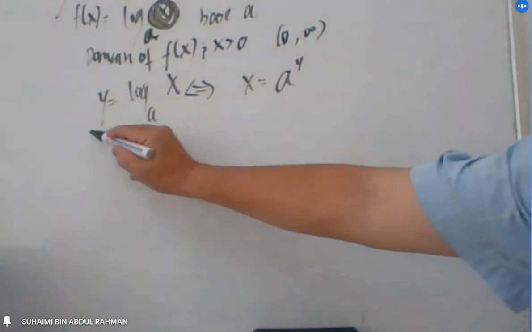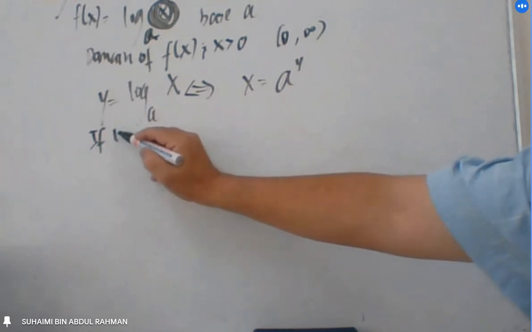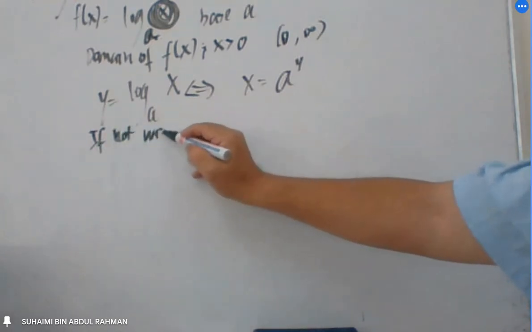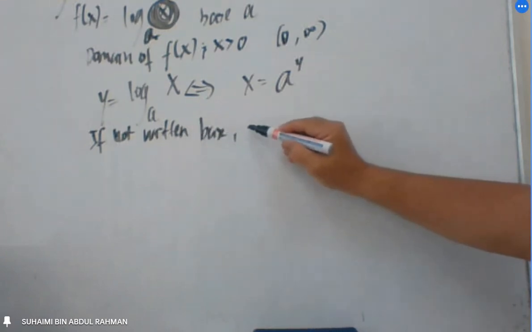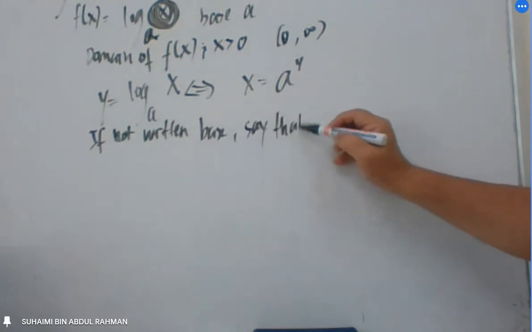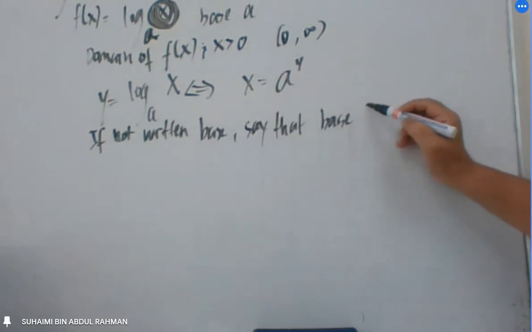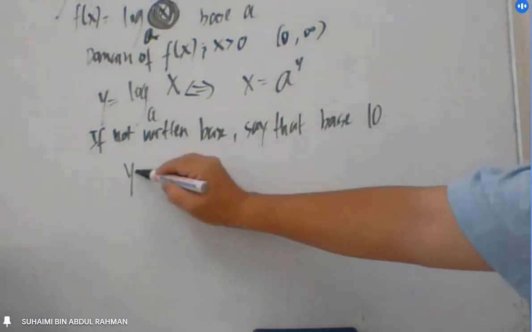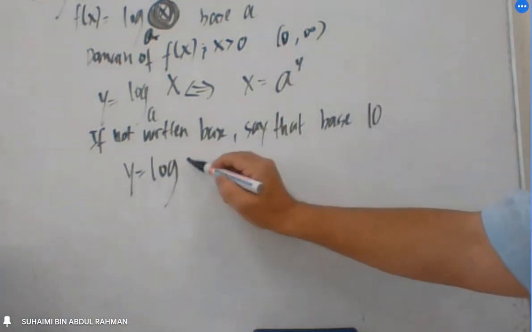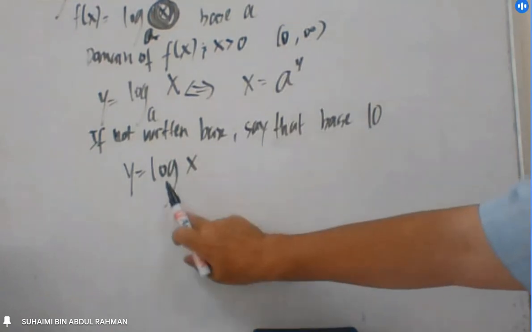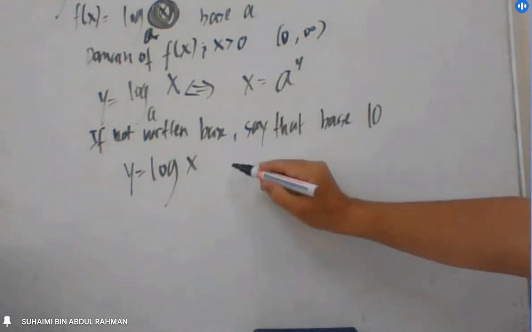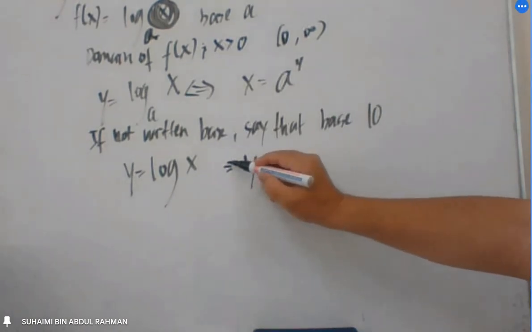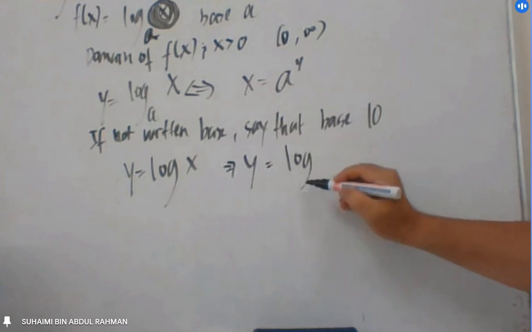So if the base is not written, we say that the base is 10. For example, if y equals log x, without writing the base here, understand that this is y equals log 10 x.